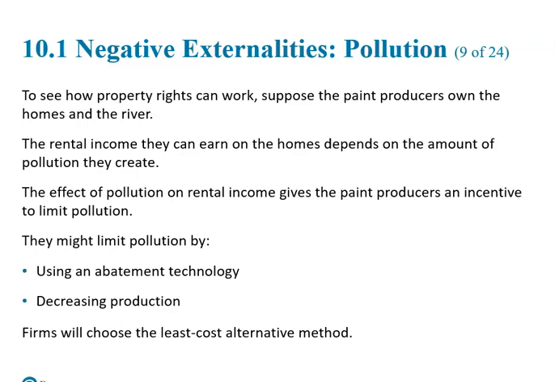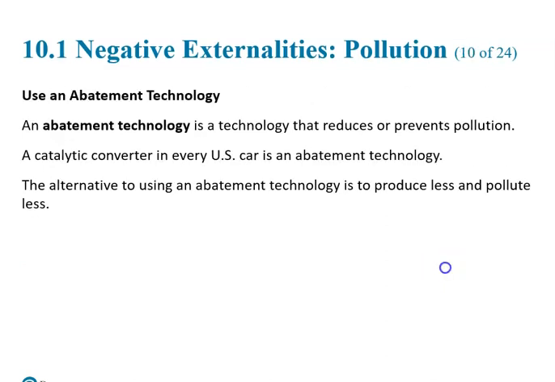As the paint producers face this incentive, they might try to limit pollution by either using an abatement technology, meaning any sort of technological advancement which reduces pollution, or they might try to decrease production. So firms will choose the least cost alternative method. Whichever of these two is the most cost effective will be chosen.